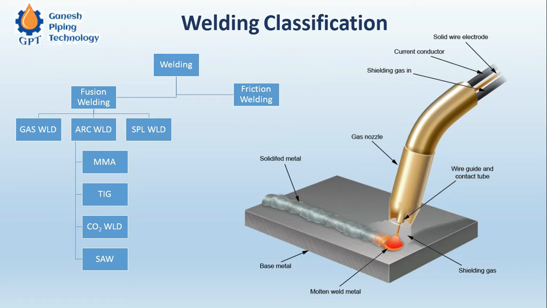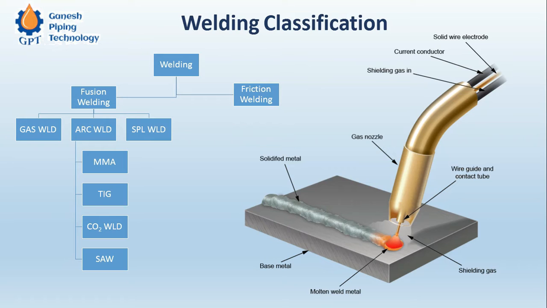We are going to see on the right side the description about the image that shows the MIG welding. And the final one is SAW, that is submerged arc welding. So this is basically a mass production welding. Of course, CO2 or MIG welding is also a mass production welding, where the speed of welding, the rate of welding, is higher.